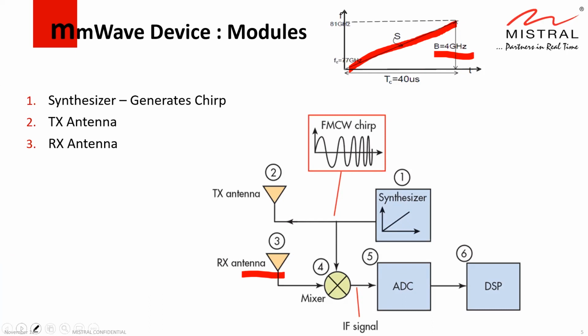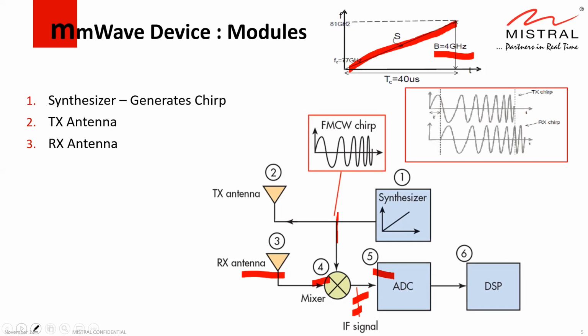The received chirp is mixed with the source chirp, and the resultant output is an intermediate signal, the IF signal. If we have more objects, you get more intermediate frequency signals. It's fed to the ADC, and the digitized data is further given to the DSP for application processing.